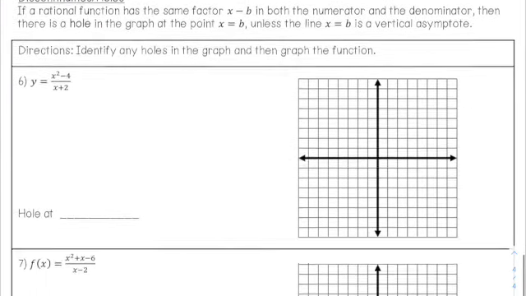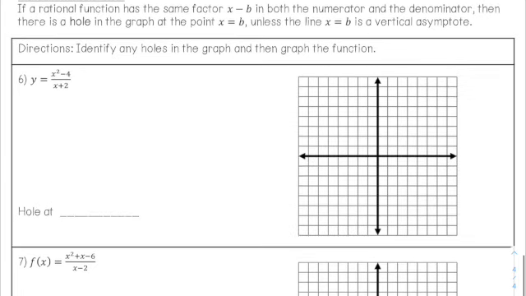Next up, we have discontinuities, which are also called holes. If a rational function has the same factor, x minus b, in both the numerator and the denominator, then there is a hole in the graph at the point x = b, unless the line x = b is a vertical asymptote. So let's look and see what this is.